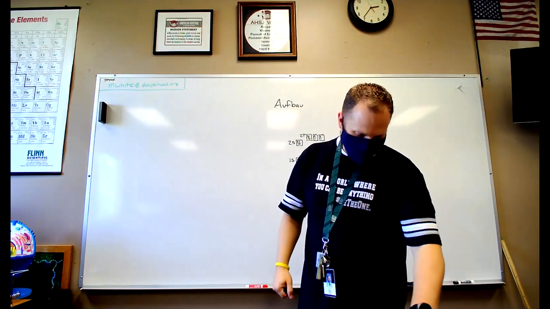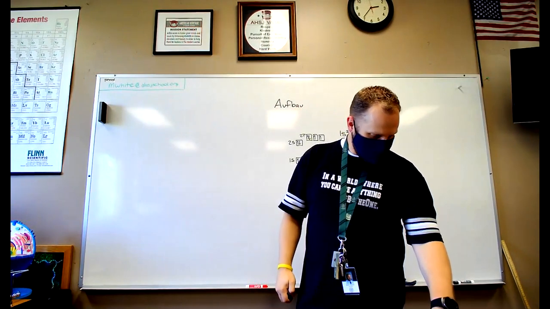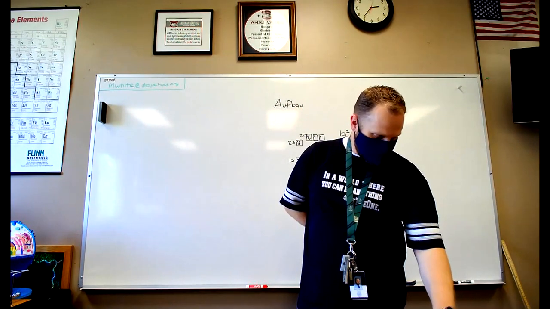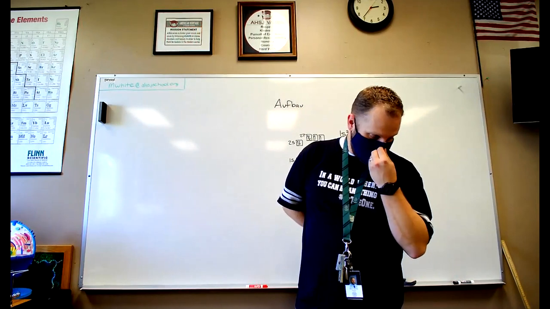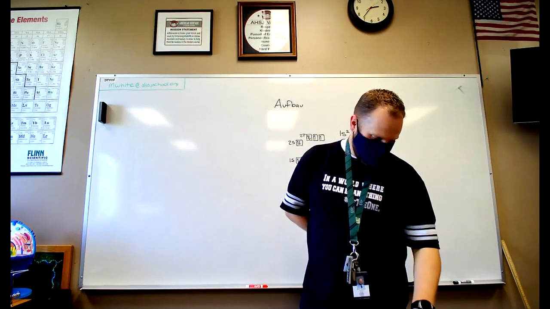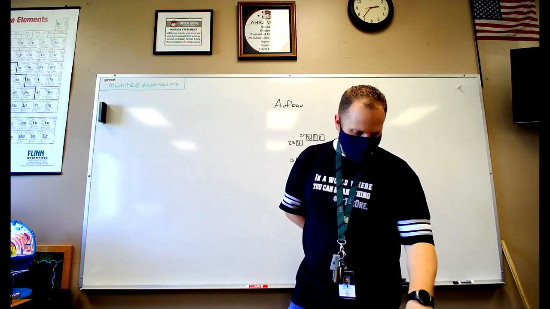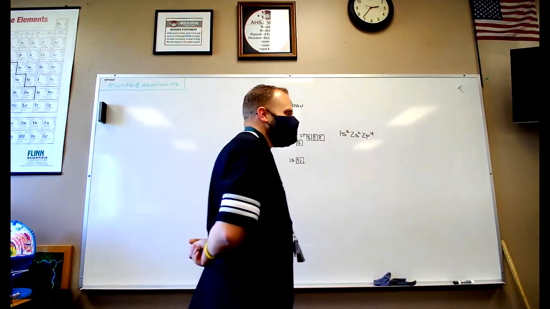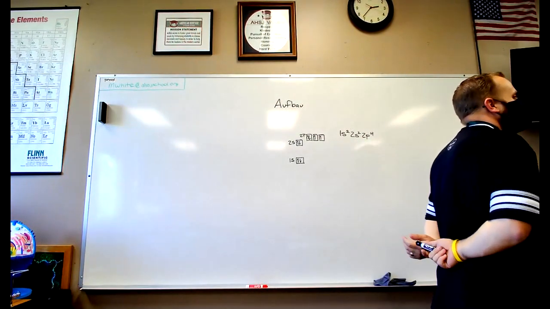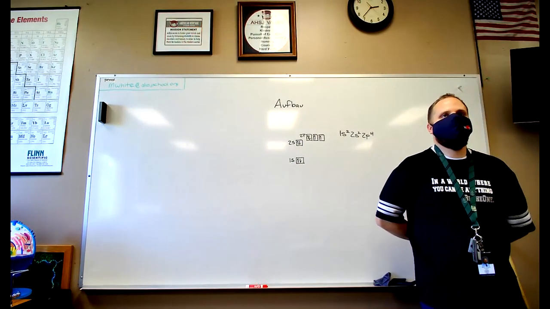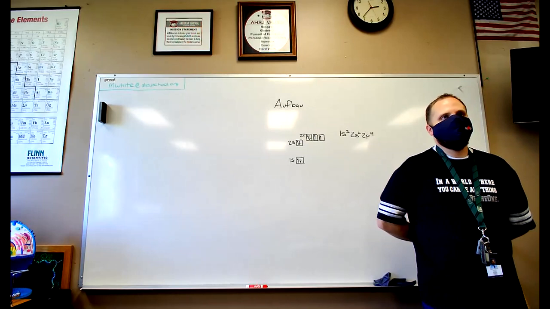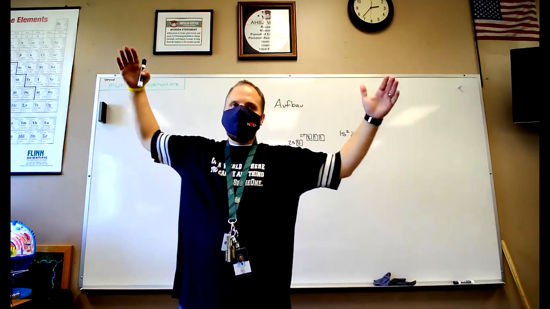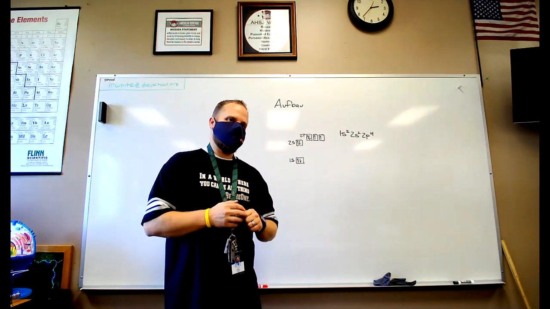Now, if you look at page 158, you can see the electron configuration for the first 10 elements, hydrogen through neon. Okay. And when we get to neon, it becomes a little bit interesting because you can get these really, really long electron configurations.